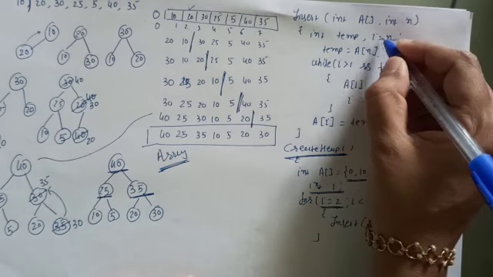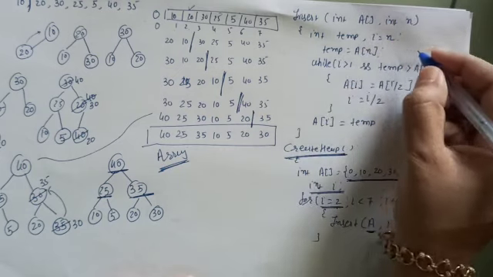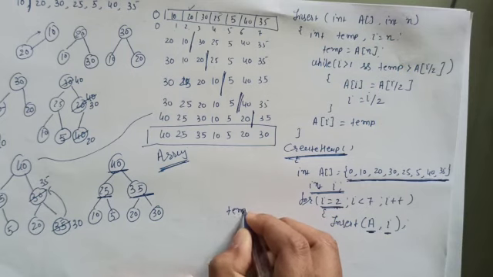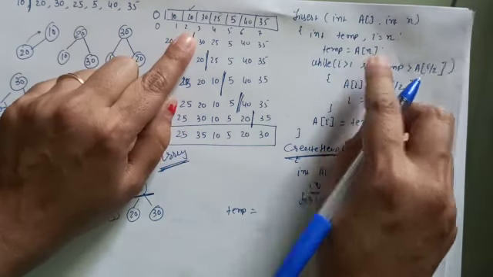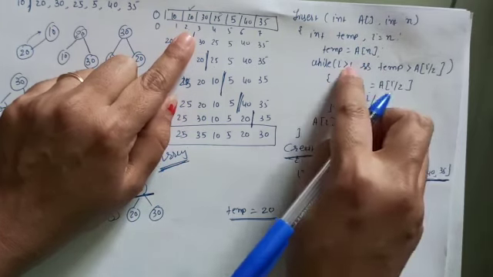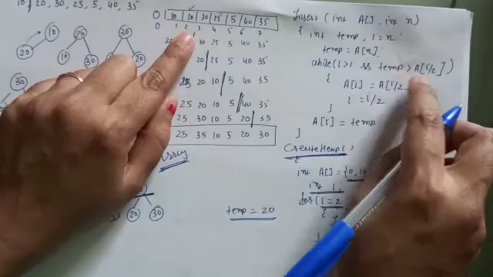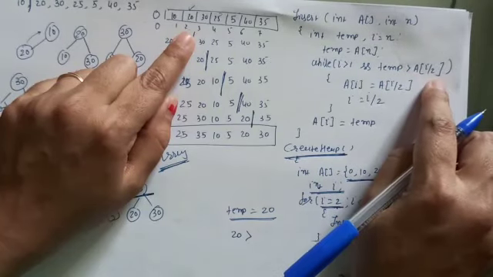So here i is 2, passed by value, and temporary is equal to a of 2. So a of 2 is initially 20. So temporary is 20. Then while i is greater than 1 and temporary 20 is greater than a of i by 2.